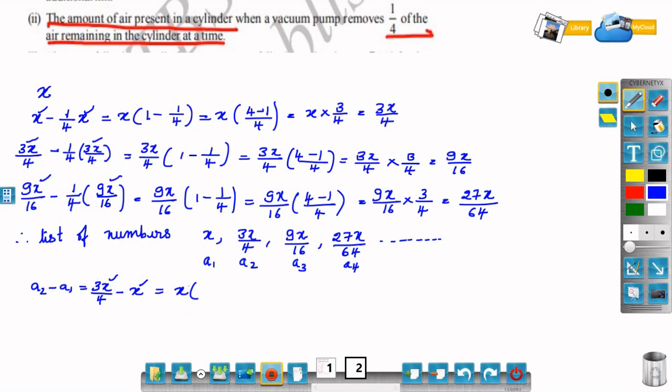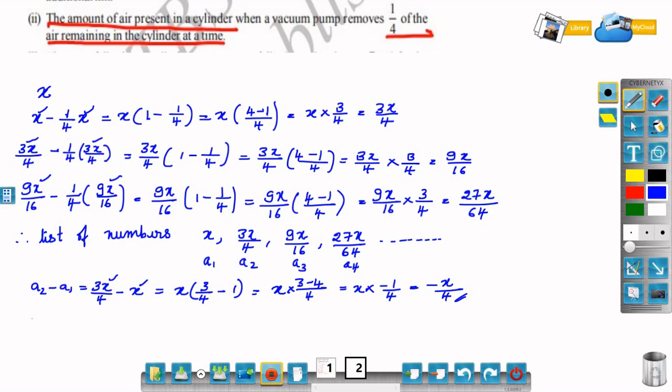Here remaining is 3 by 4 minus nothing remains here, means you have to write 1. So x into (3 minus 4) by 4, that is x into minus 1 by 4, that is minus x by 4. This is the difference of second and first term.